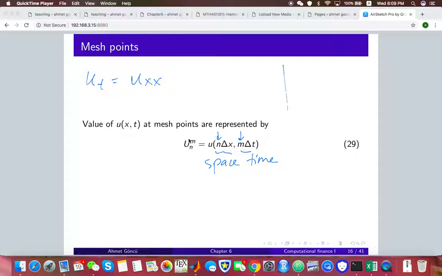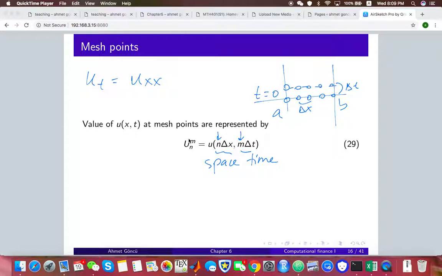So if you are working out a solution on a domain, let's say A to B, you will consider starting with time 0. So you have your delta x, so each of these are delta x, and also you have these delta t time steps. We will go forward in time, and we need to evaluate the u values at these points.